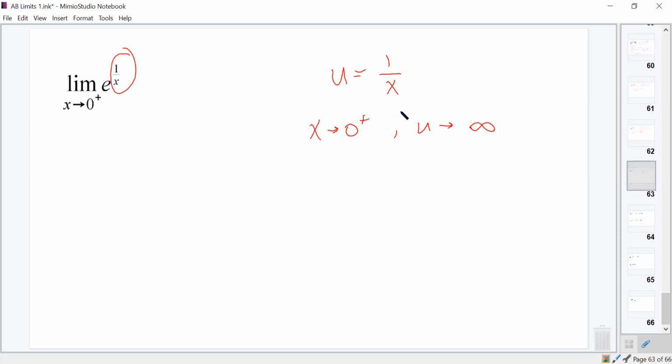Okay. So then this just becomes the limit as u approaches infinity of e to the u, which is infinity. And if I had done 0 from the left-hand side, then what should we have gotten?